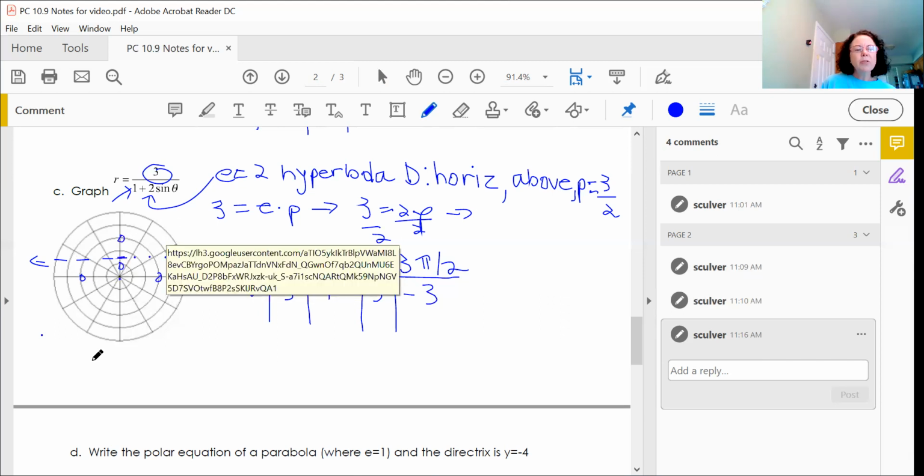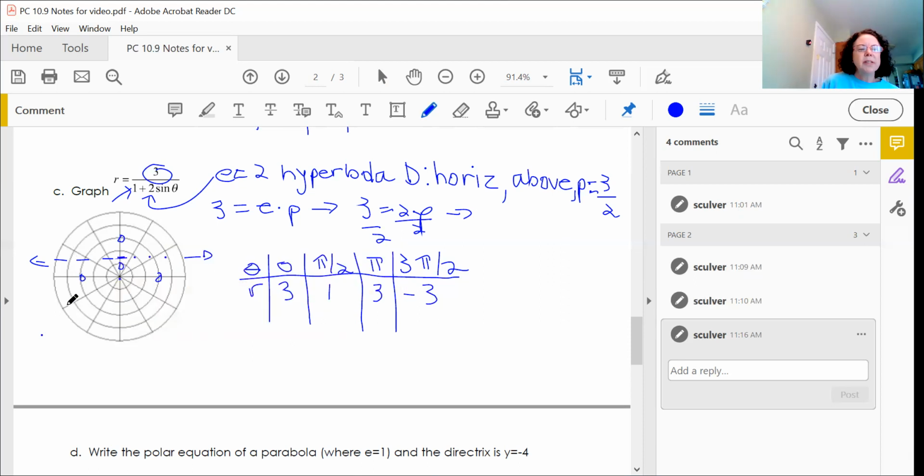Okay, so how do we draw the hyperbola? Here's what's happening. Look below the directrix. There are 3 points, and our points go through these branches. It was supposed to go through that point. There we go.